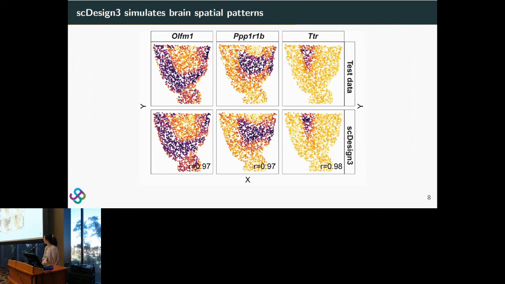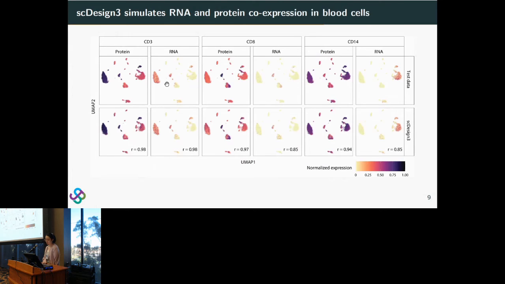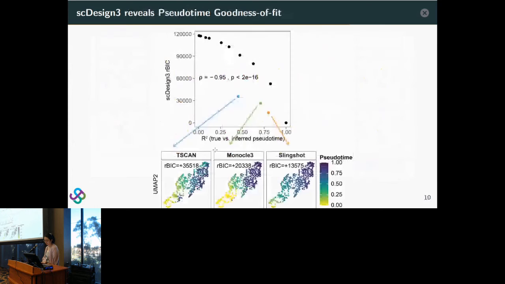So in here, there are 3 genes that have more clear spatial patterns, and our simulator was able to capture these spatial patterns of gene expression across different spatial locations. And this one is a simulated data set given a CITE-seq data, which we were able to capture the RNA and protein abundance in the blood cells.